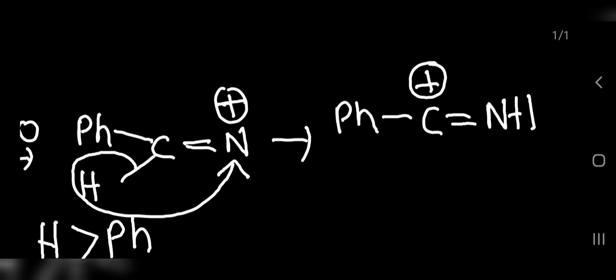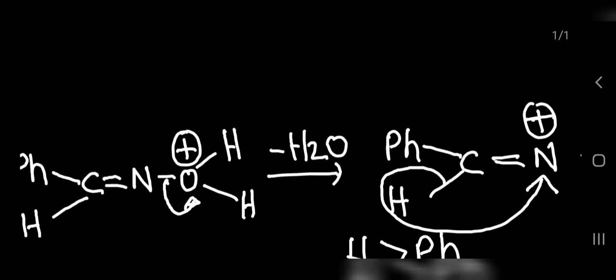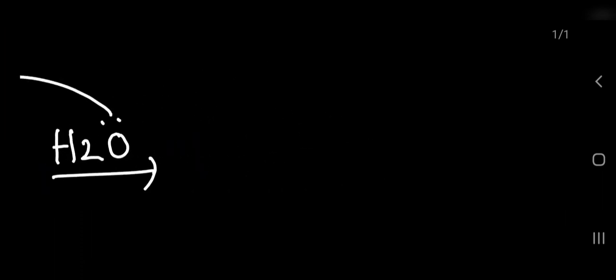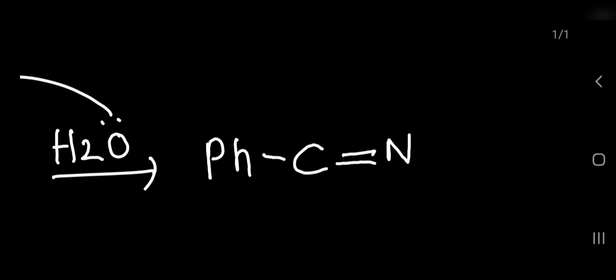Then the water which was lost in a previous step acts as a nucleophile over this electron deficient carbon center. Then what will be the next step over here? Ph, C, double bond NH will stay as it is, and on this electron deficient carbon center the water will act as a nucleophile.